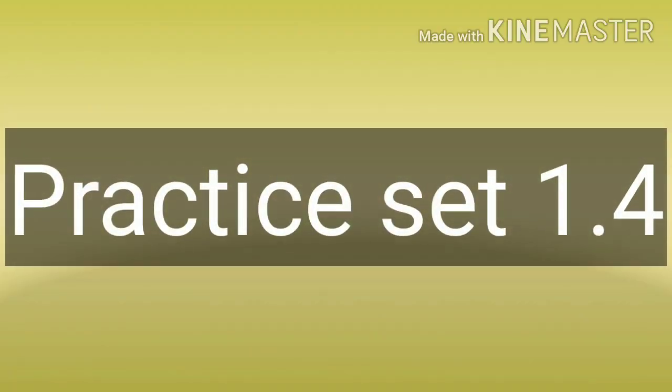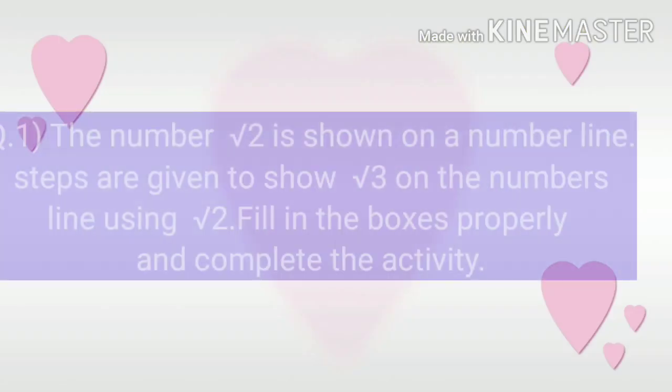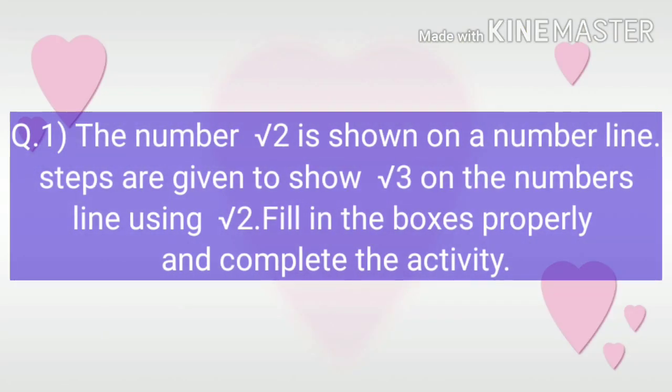Now, let's begin Practice Set 1.4. Question number 1. The number root 2 is shown on a number line. Steps are given to show root 3 on the number line using root 2. Fill in the boxes properly and complete the activity.